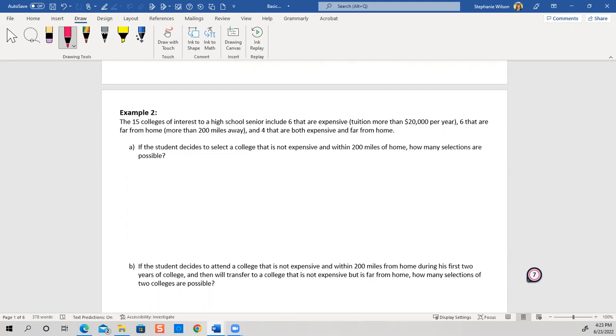It's sometimes easier if you can draw out a picture, but let's label it first. We have a total of 15, so let's call the number of elements in U equal to 15. That's my overall total. Let's call expensive E, so the number of elements in E is 6.